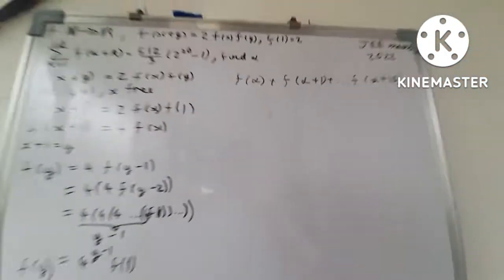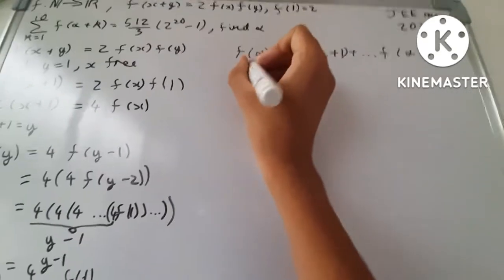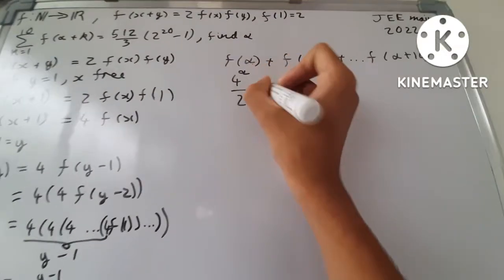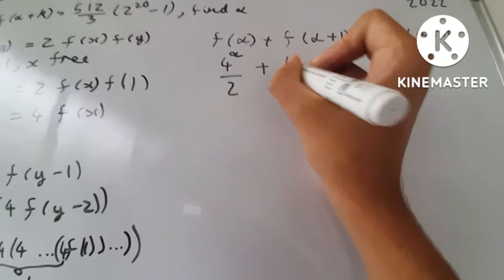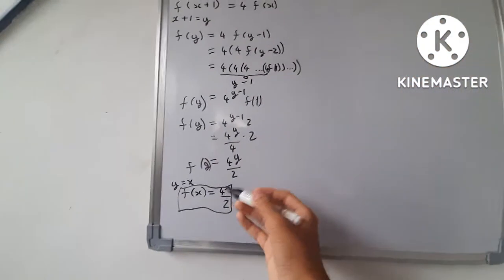Okay, so for the first one we have alpha equals x, so that's pretty basic, 4 to the alpha upon 2. For the second one, alpha plus 1 is equal to x, so we plug in alpha plus 1.